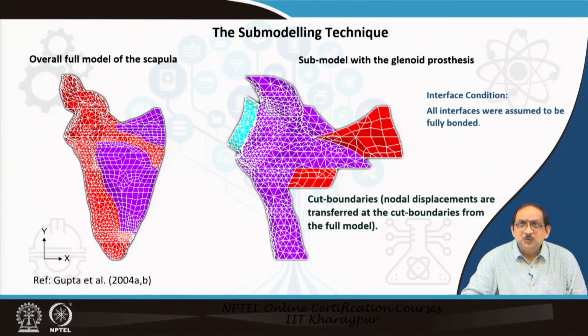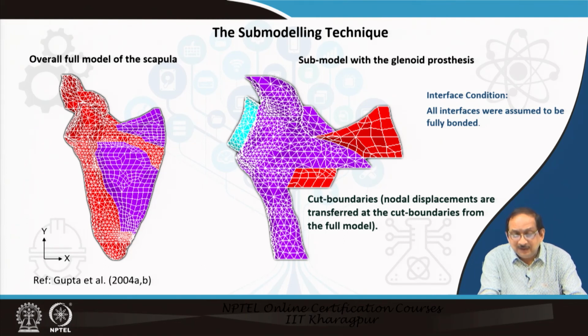Now, similar to the pelvic bone, we have also employed the submodeling technique, and this submodeling technique was used for the numerical investigations on glenoid prosthesis. The objective was to generate a fine mesh around the prosthesis and to focus our investigation in the domain of inclusion of the prosthesis.